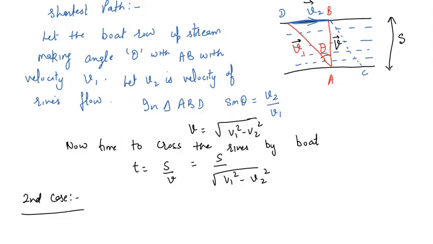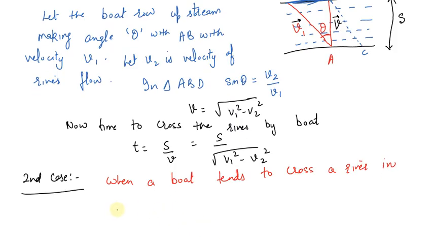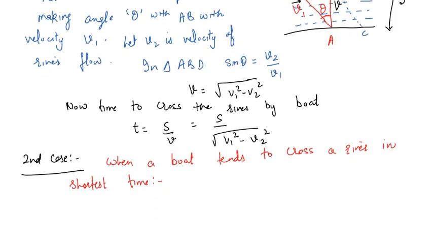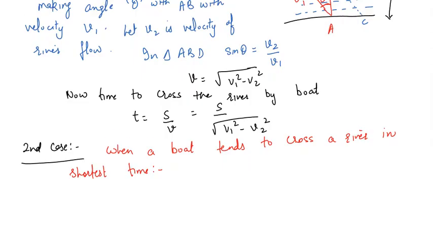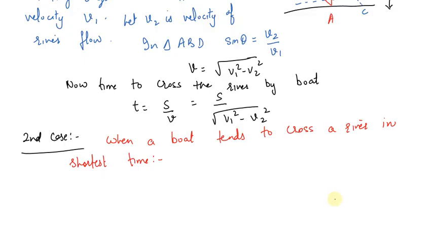Now in the second case we take when a boat tends to cross a river in shortest time. Here we take, first we draw the river.